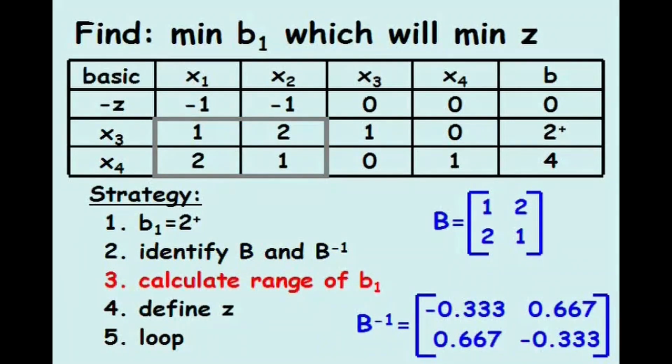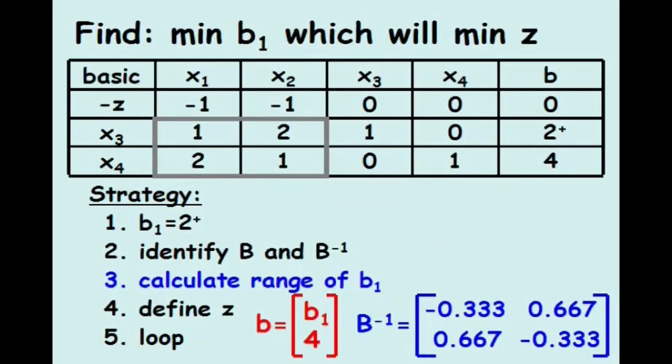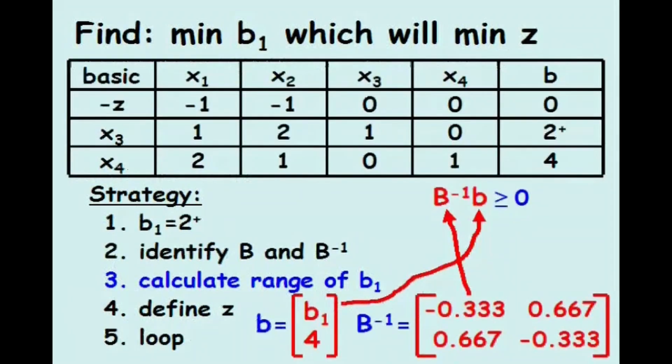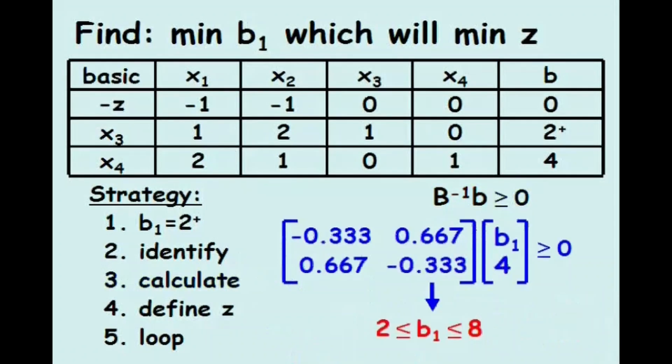Next, we'll calculate the range of b1, recalling that vector b equals b1, 4, and setting B inverse b to a non-negative value. We plug in B and B inverse and learn b1 is at least 2 and at most 8. The next step is to define the equation z for this range of b1.